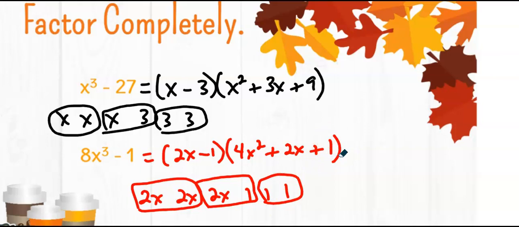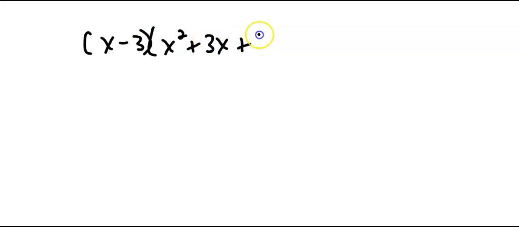So remember, as you're factoring, you can always check yourself by multiplying it out. So for example, if I take x minus 3 times x squared plus 3x plus 9, and I multiply that, I should get what we originally started with.